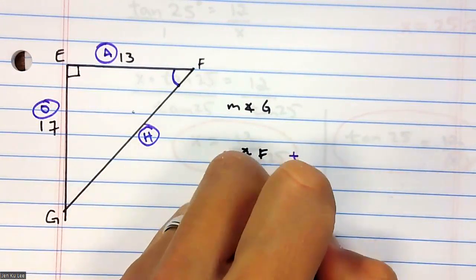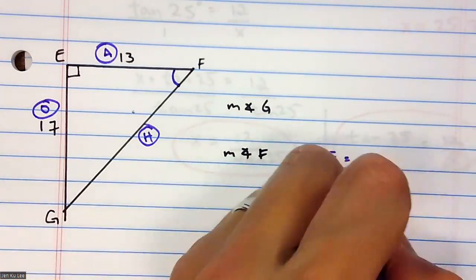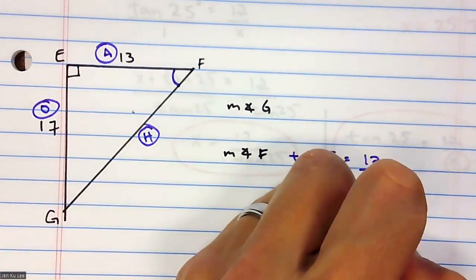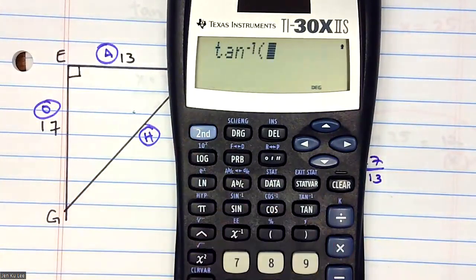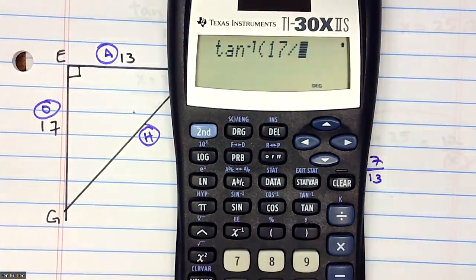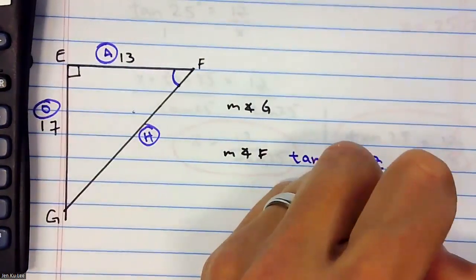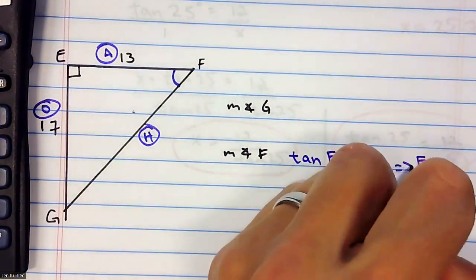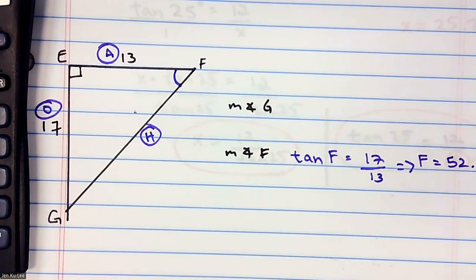Tangent. So tangent of F degrees equals 17 over 13. Take out my calculator. Inverse tangent of 17 divided by 13. That's 52.6 degrees. So F equals 52.6 degrees.